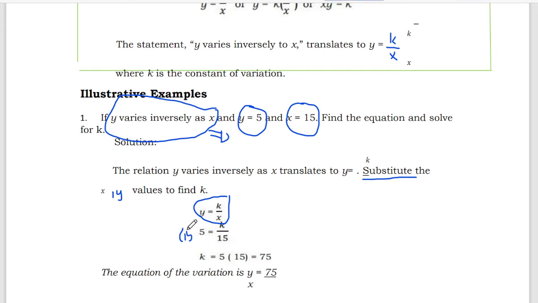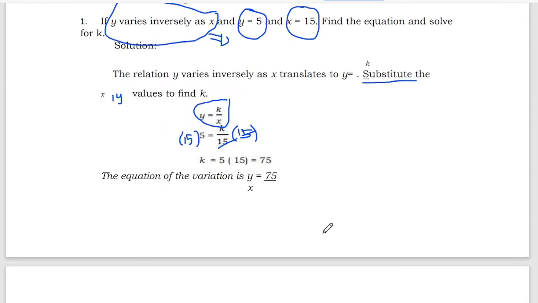And we will multiply also on the other side by 15. So that cancels out this one and this. So k is 5 times 15, which is 75.